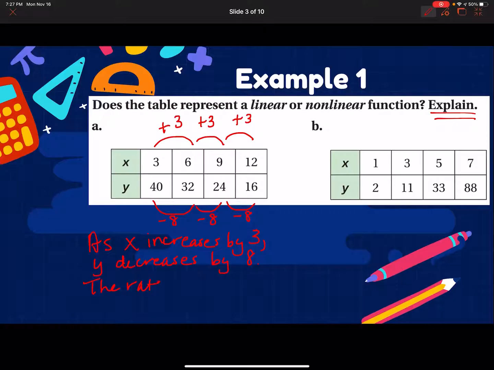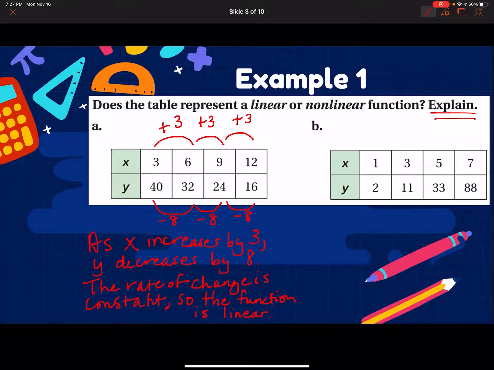The rate of change is constant. So the function is linear. So if the rate of change is constant, the function is linear. That means it's going to be creating a straight line.